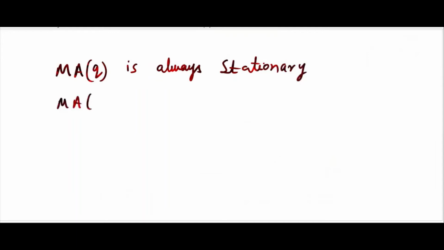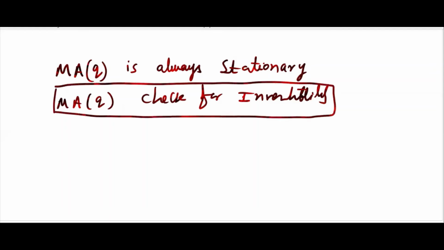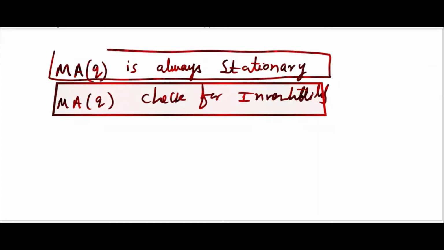For MAQ, we'll check for invertibility. Invertibility means we'll check whether the MA process is invertible or not. But it is always stationary. We'll not worry about the stationarity of an MA process.